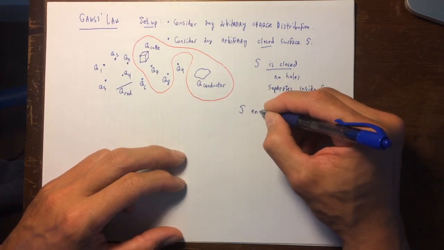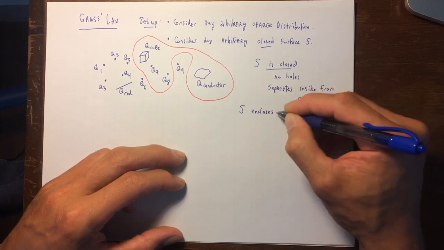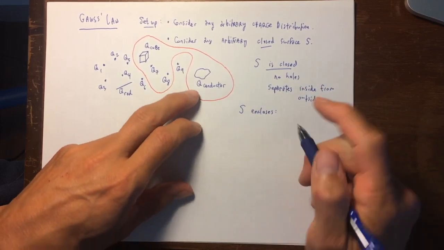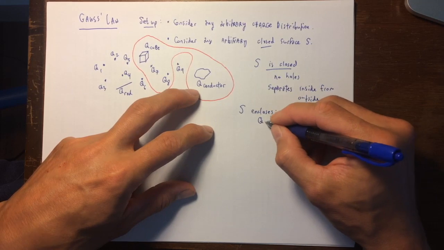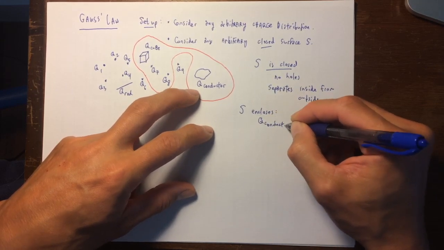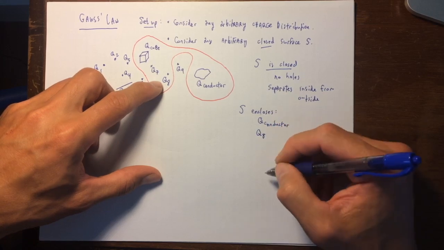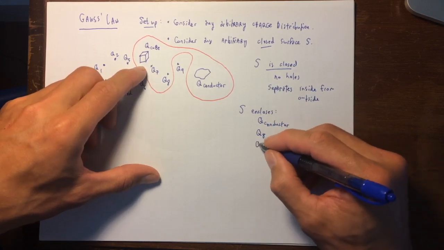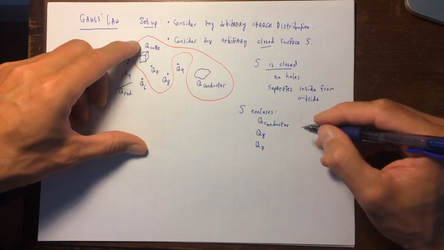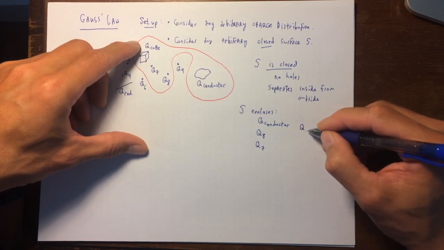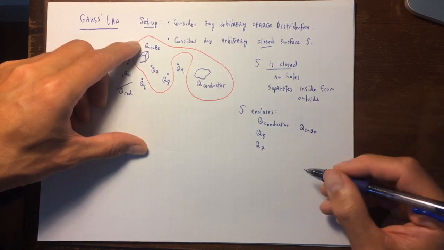S encloses a list of charge. It encloses the conductor. It encloses 8, number 7, and also the cube.